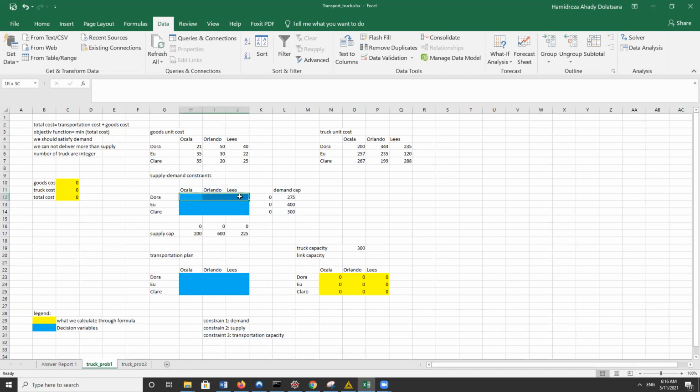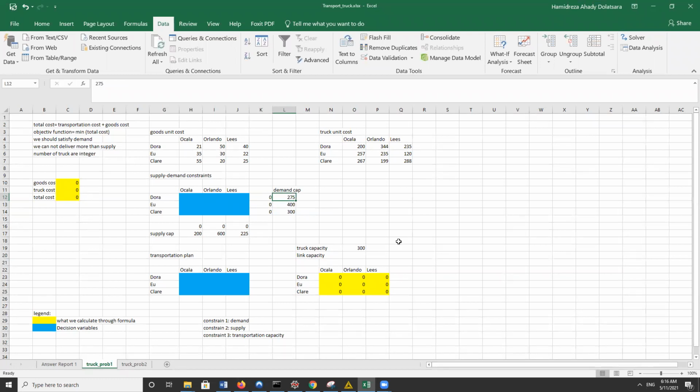The summation of these three means how many units you send from those three nodes to your demand node. So the summation of H12 to J12, this blue section, should be at least 275. You want to fulfill the demand.